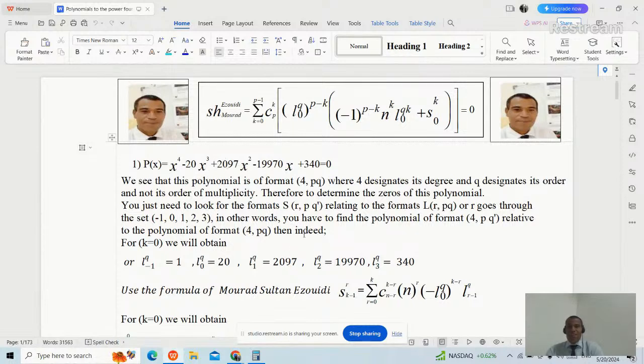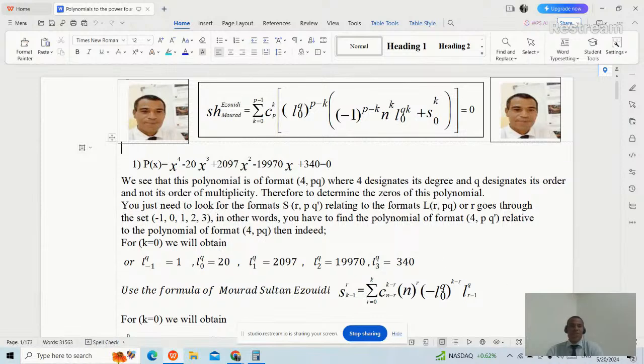L2 is the negative value of the coefficient in front of the x term, so L2 here is minus minus 19,970, and L3 is a positive number here, it will be 340.